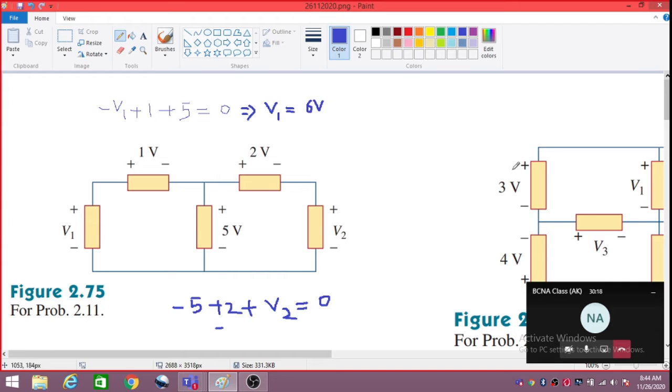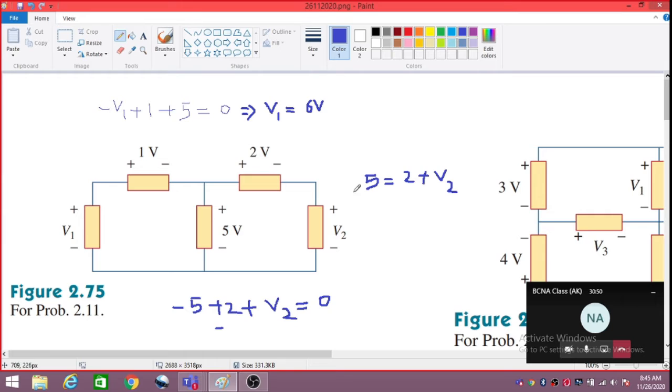So the sum of voltage rises, that is 5, is equal to the sum of voltage drops, that is 2 plus V2. According to Kirchhoff voltage law, the sum of voltage rises is equal to the sum of voltage drops. So there are two drops and one voltage rise. So 5 is equal to 2 plus V2. This equation can be written like this also.